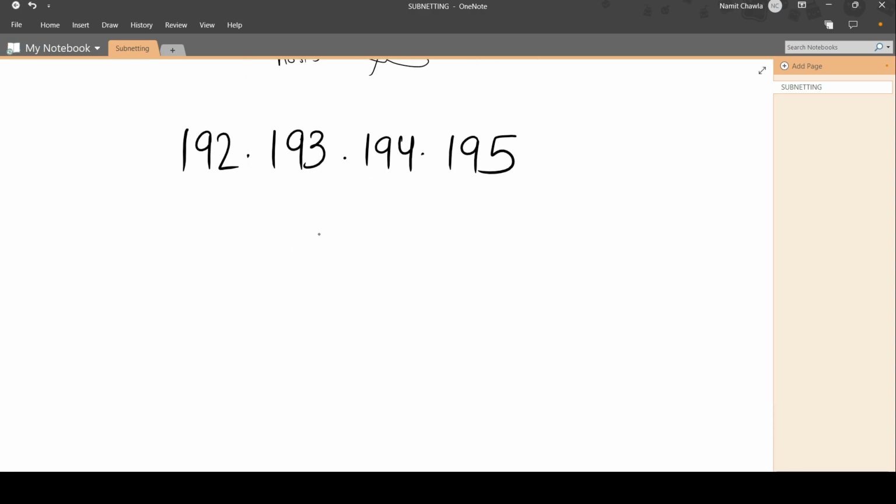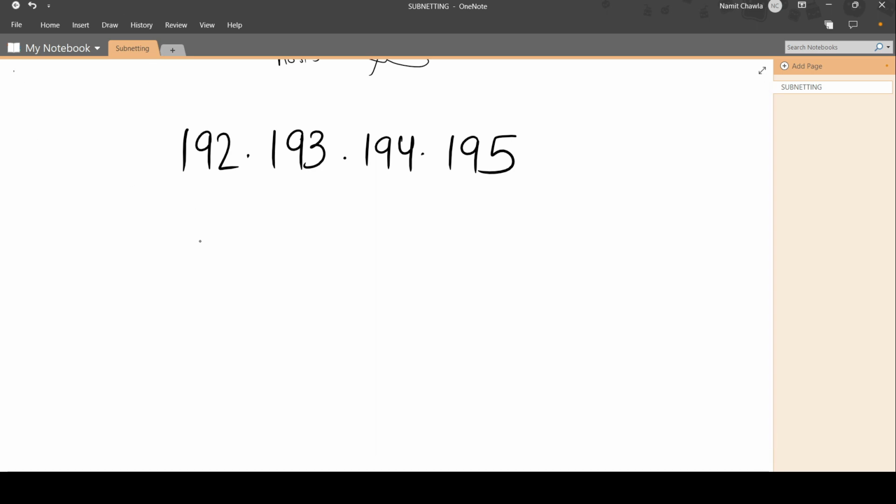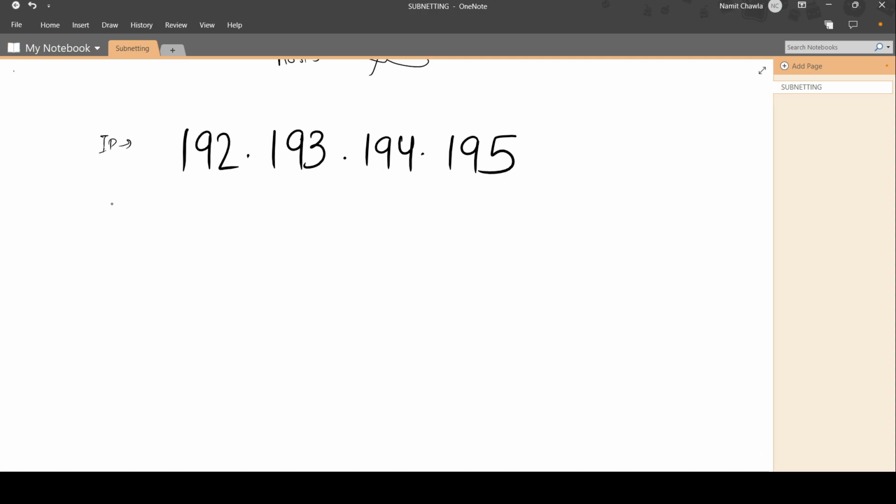How to solve this thing? What I'll do is, there are three parts. First, for this IP address, find the network address. We had already calculated the network address, so I'm not going to repeat that whole thing once again. I'll just write it like this. So what was the network address?